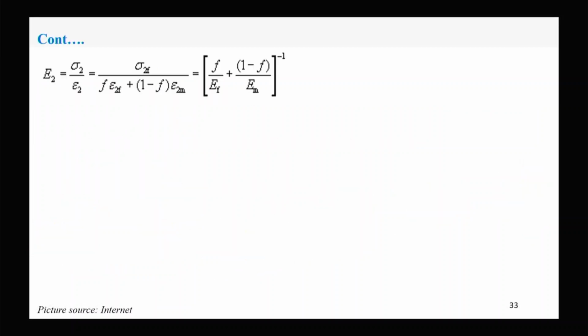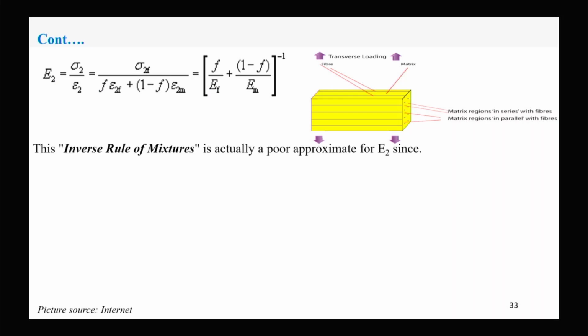So this is the relationship you can get, and this is called inverse rule of mixtures, and actually it's a poor approximation of the modulus of the composite. So it's a poor approximation.